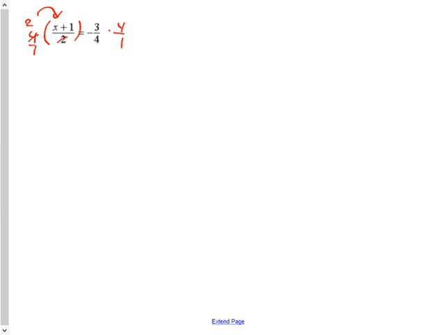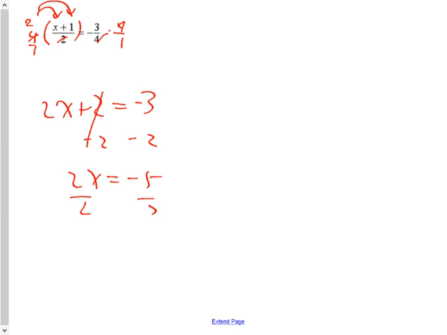Two groups of x plus 1 when I multiply my numerators, which is 2x plus 2 equals negative 3. 2x equals negative 5. And x will still equal negative 2.5. So there were multiple ways you could do that one. I probably would have just multiplied both sides by 2, but it's up to you.